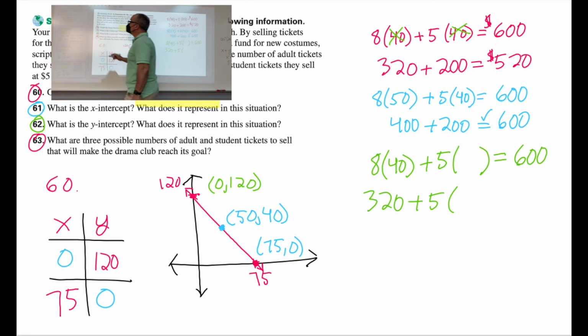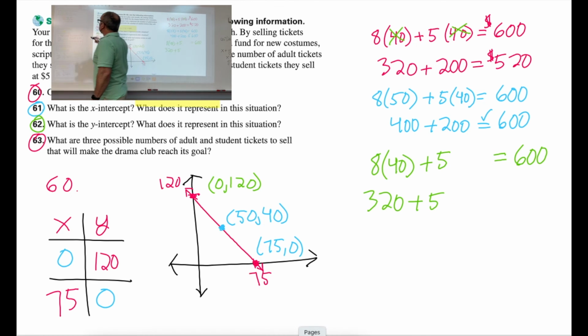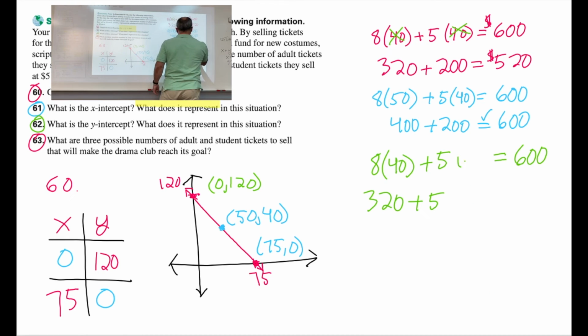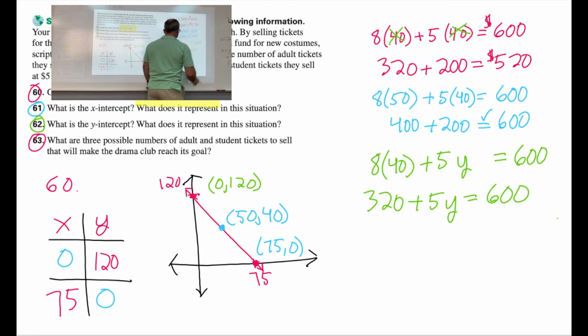Here, you know what we can do? I'm going to show you a trick, Reed. You ready? Philip, Zach, everybody pay attention to this one. I'm going to put in the 40 for x that you said, and I'm going to leave the number of students as a variable. I'm going to leave it as y.